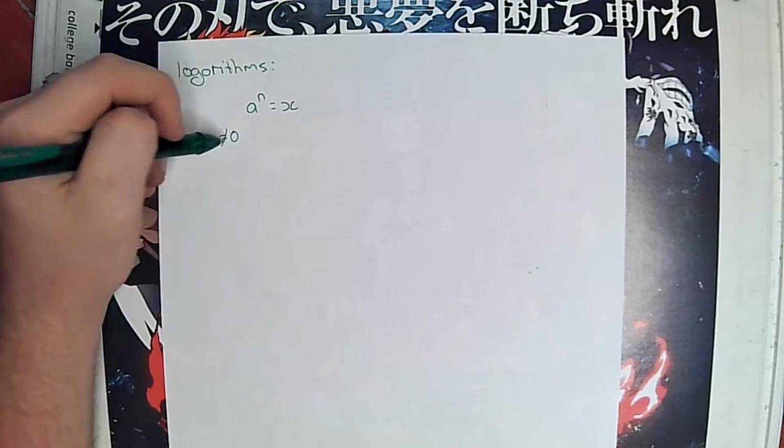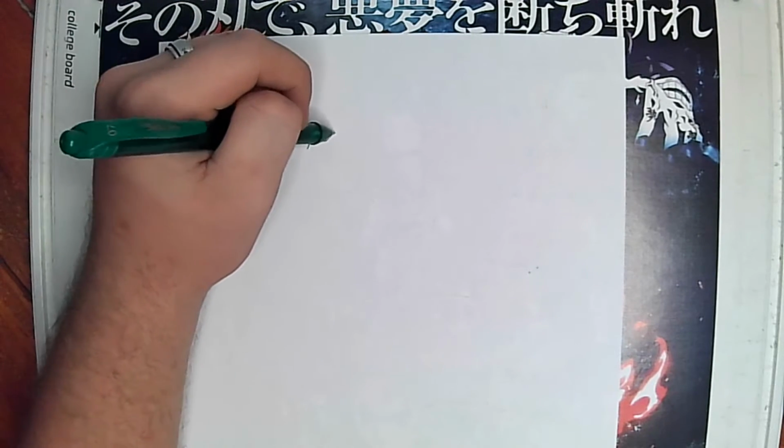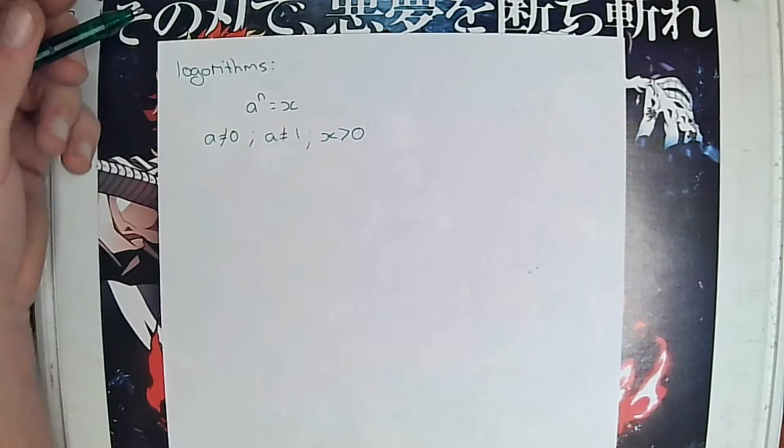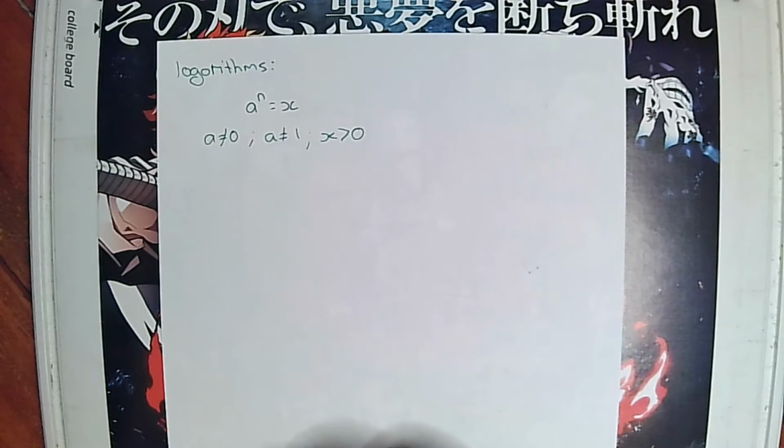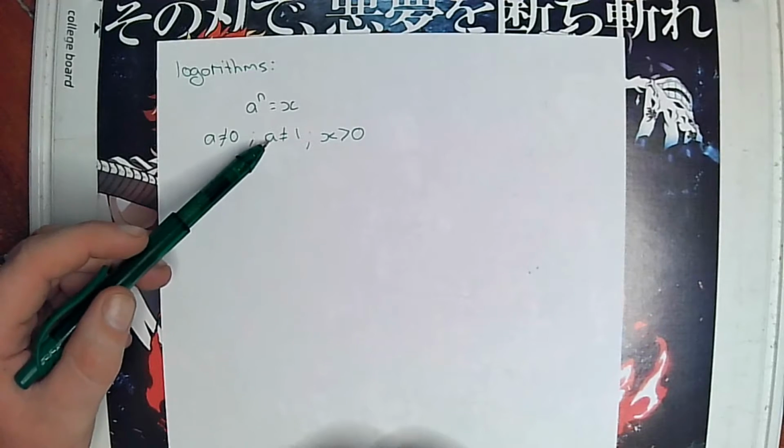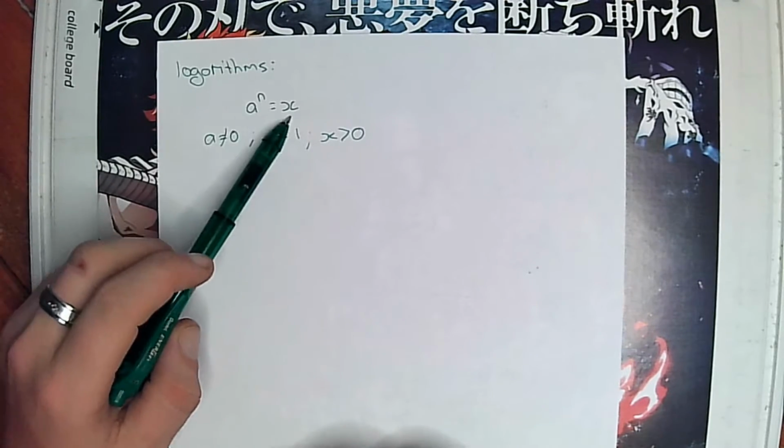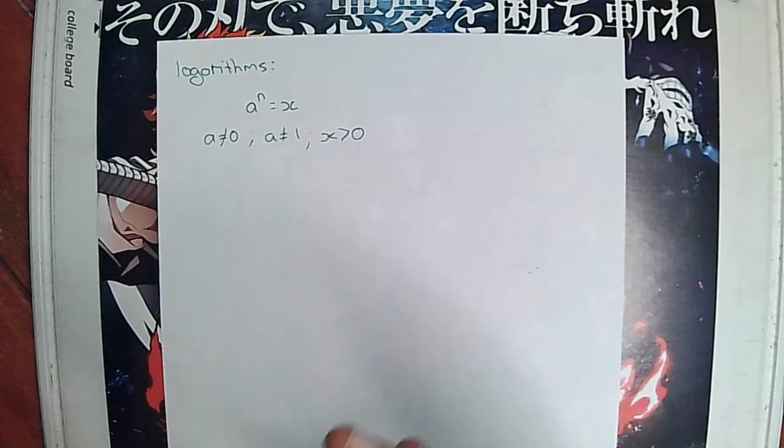Now, we can write this as a logarithm if these conditions are true: a is not equal to 0, a is not equal to 1, and x is greater than 0. These conditions do apply and they must be held.